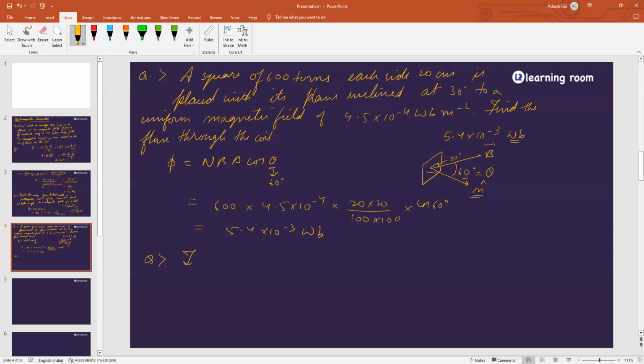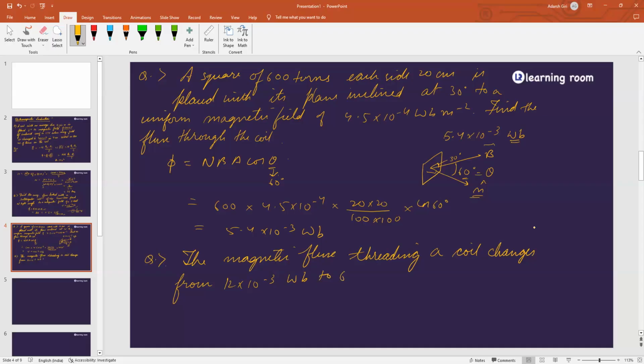All right. Next question. The magnetic flux threading a coil, threading means passing by, changes from 12 into 10 to the power minus 3 Weber to 6 into 10 to the power minus 3 Weber in 0.01 seconds.